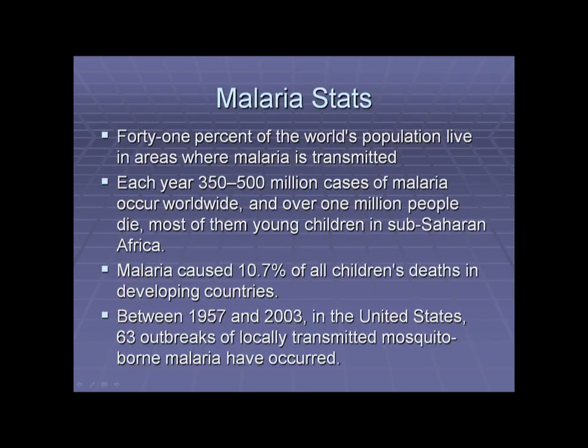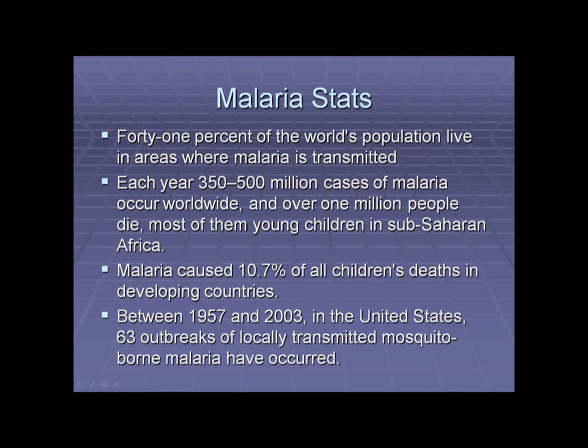So, malaria. 41% of the world's population live in areas where malaria is transmitted. Each year, 350 to 500 million cases of malaria occur worldwide, and over 1 million people die, most of them young children in sub-Saharan Africa.